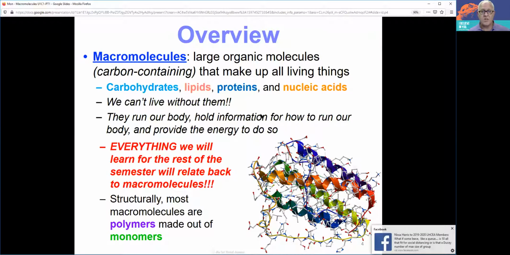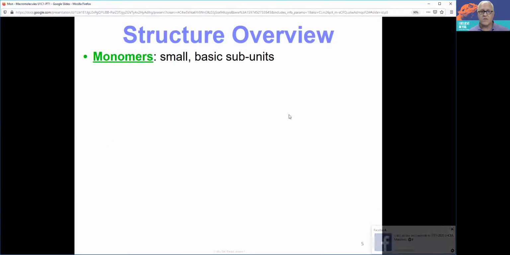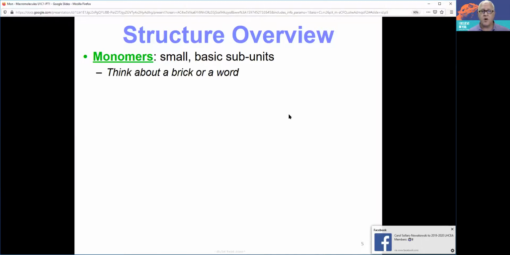Now, structurally, most macromolecules are polymers made out of monomers. And those are 2 other vocabulary words for you: monomer and polymer. So let's look at the structure overview. The monomer is a small basic subunit. It's a component of the bigger part.